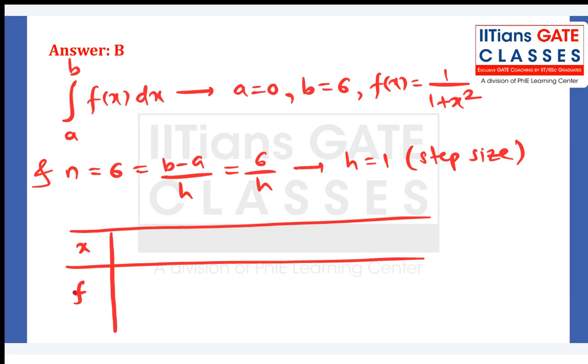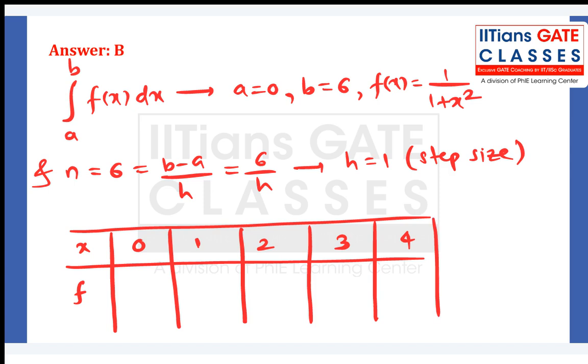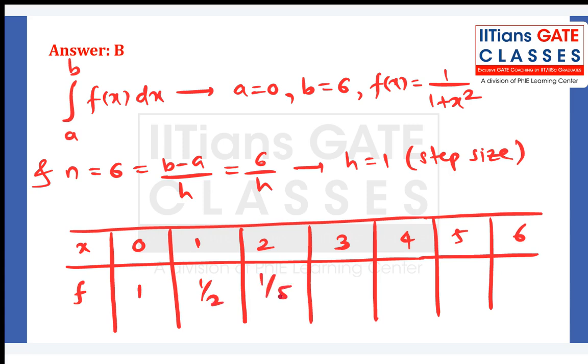Okay, so then you'll have 0, step of 1, 2, 3, 4, 5, and 6. Okay, what will be the value of your function at 0? That will be just 1. Here it will be 1 by 1 plus 1, so it is 1 by 2. Here it will be 1 by 1 plus 4, that will be 1 by 5. And similarly, this will be 1 by 10. This will be 1 by 17, 1 by 26, 1 by 37.